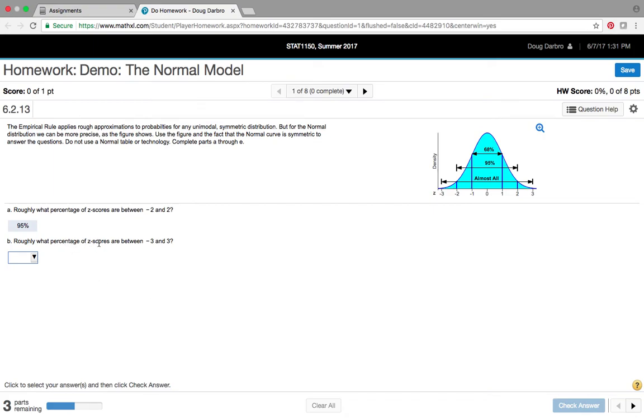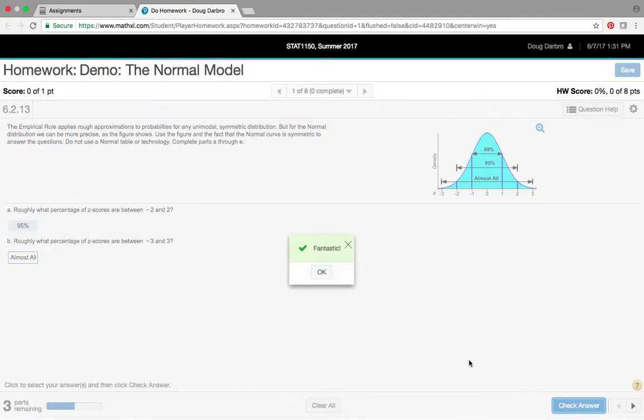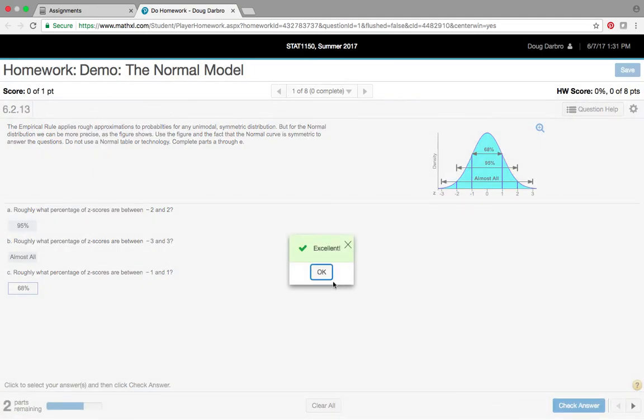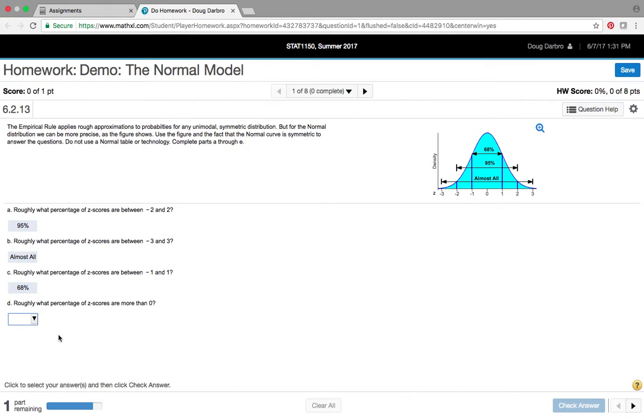Roughly what percentage of z-scores are between -3 and +3? Well, almost all. Not really sure why I included this problem. Between -1 and +1 would be 68. And more than 0, guys, remember 0 cuts the symmetric distribution in half, so 50% above and 50% below.